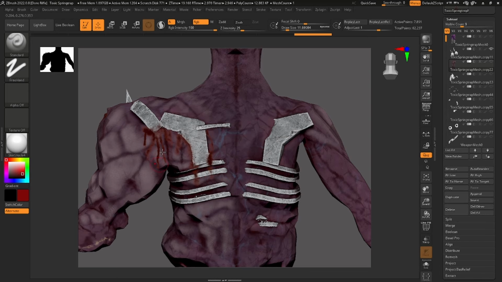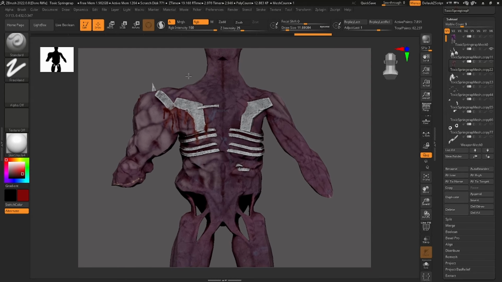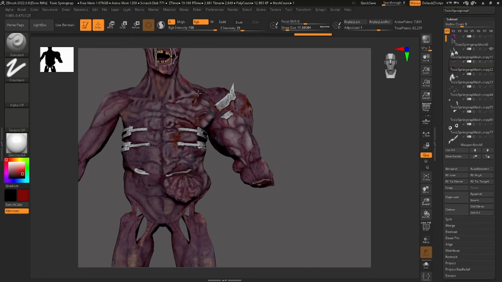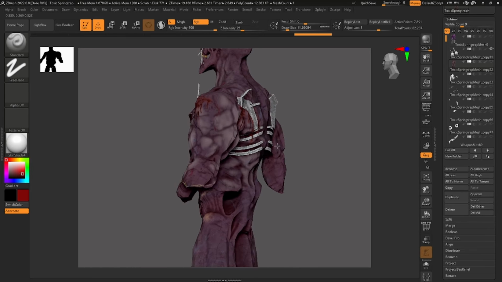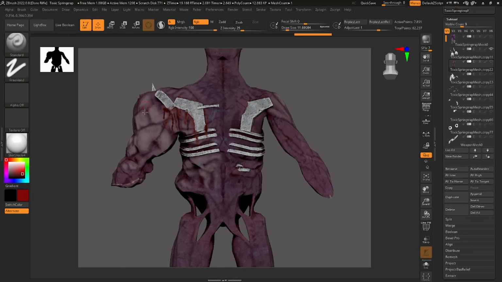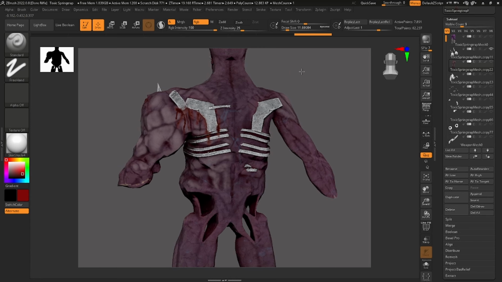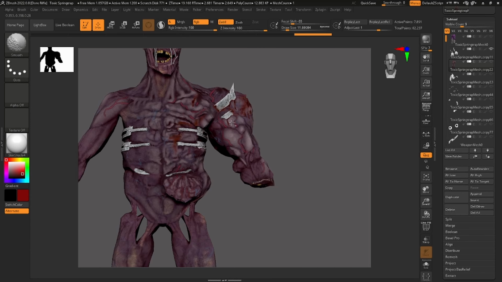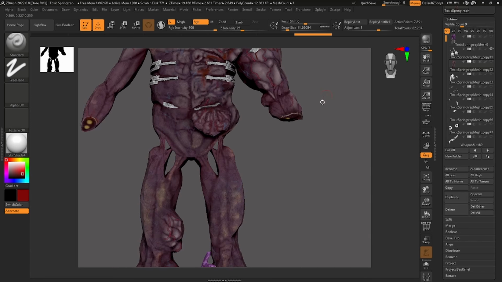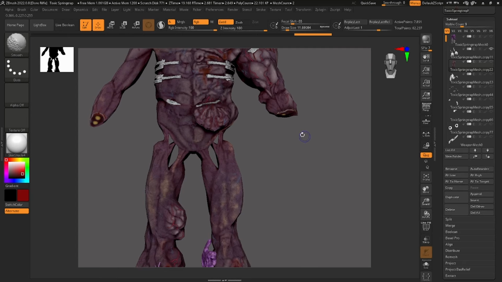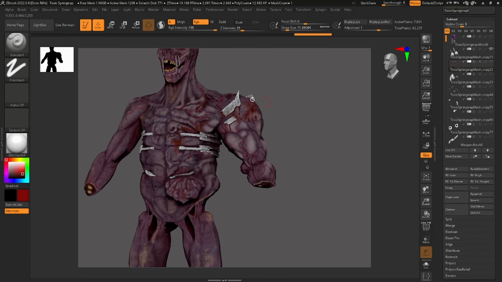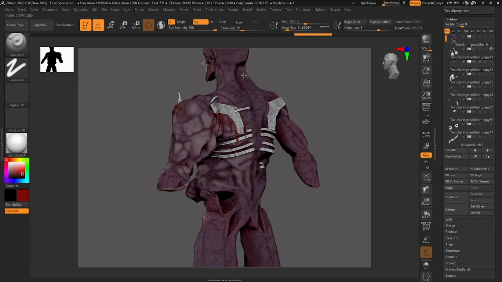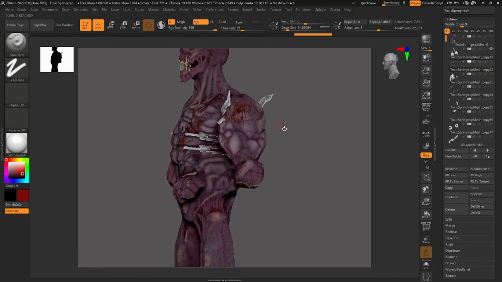So if there's fresh blood coming out of this side, my guess would be that's why this side is starting to swell and grow and get that tumorous appearance, because apparently there's more blood flow on this side than this side. I'm not entirely sure. Yeah, because there's blood on this side too. I'm not entirely sure how that would happen, unless there's something going on with his heart or something.